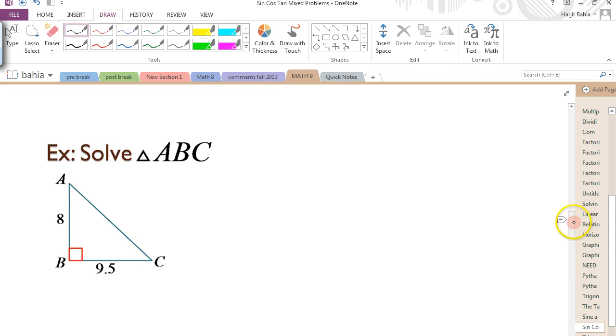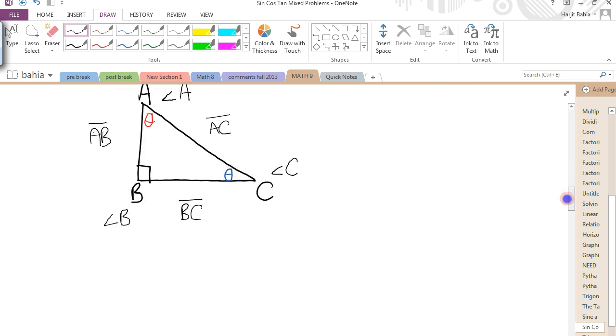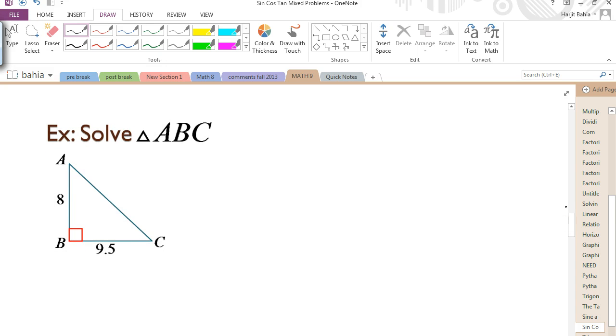So this is where we have to use our things. We label what we know, and then we use what we know. What do we know about this triangle? We've got to figure out everything about it. What we know about this triangle is that, of the sides, side AB is 8.